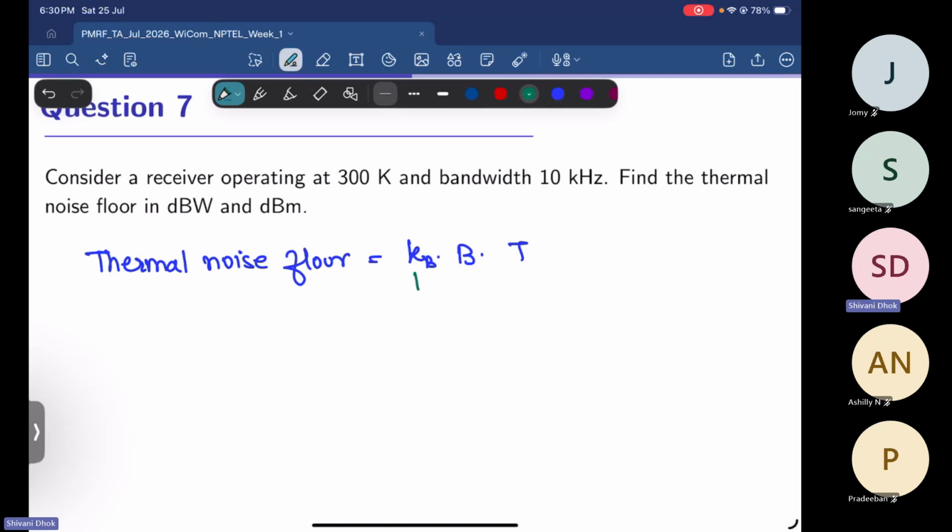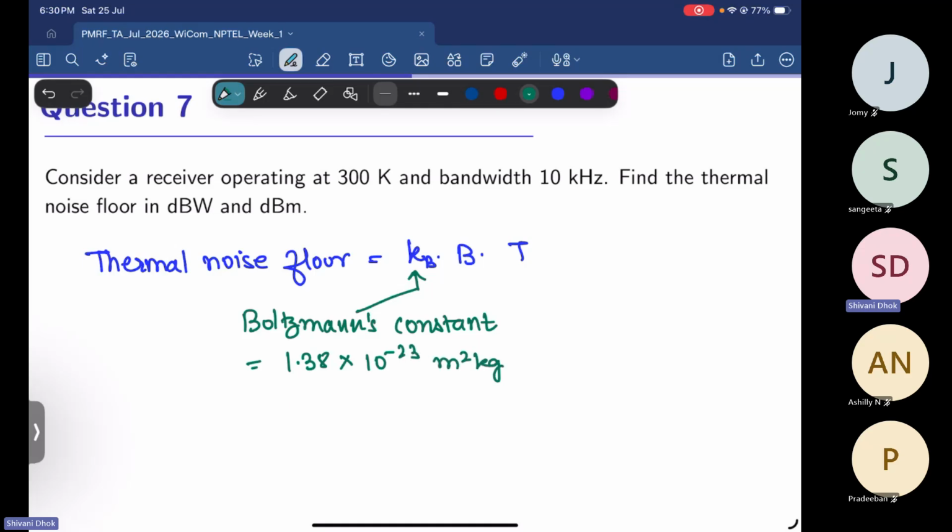K_B is your Boltzmann constant, which is equal to 1.38 times 10 raised to minus 23 square meter kg per second square Kelvin. B is the bandwidth of your communication signal, and T is the operating temperature, or the temperature at which your device is operating.